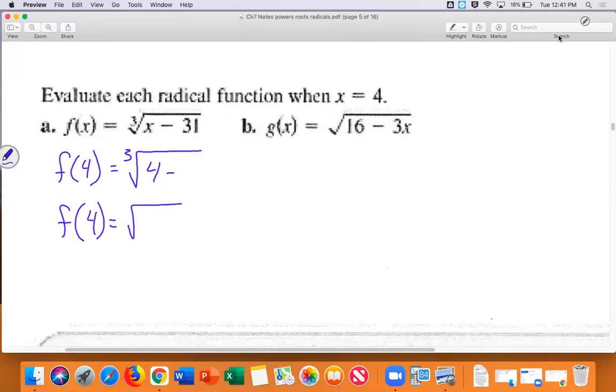Yeah, my bad. 4 minus 31 is 27. That's what I meant to say. It's negative 27. So what is the cube root of negative 27? You can type that in on your calculator. And we got this rotated up. So I would type in parentheses, -27, parentheses, the caret button to the 1/3.